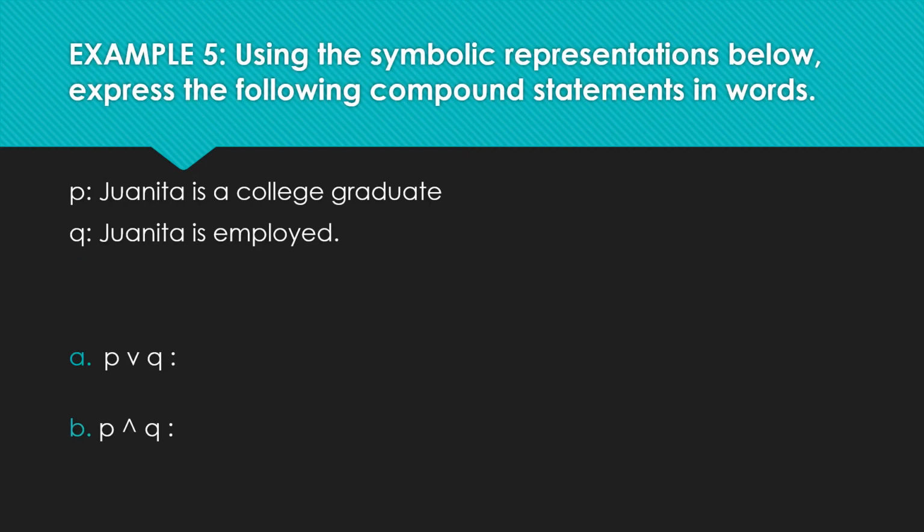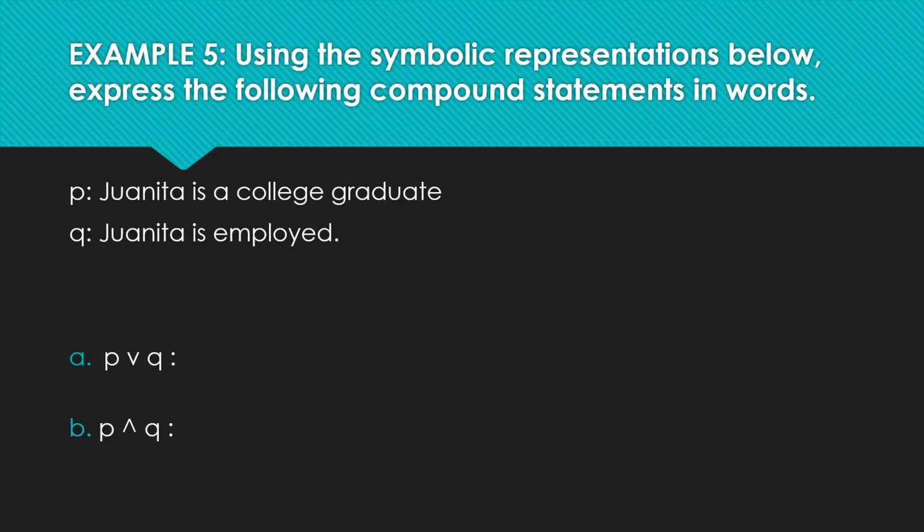Now that we have a grasp on which version of the word or that we're going to use, and we're comfortable using our and symbol, let's look at an example where we involve all of our symbols. It says, using the symbolic representations below, express the following compound statements in words. All right, so P is the statement, Juanita is a college graduate.